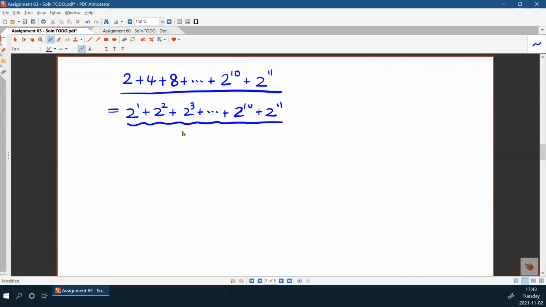Basically the method is similar. We can use a letter S to denote the sum. First of all, you need to recognize this is a geometric series because the ratio of the second term to the first term is 2, and the third term to the second term is also 2. When you have a common ratio, this series is called a geometric series.